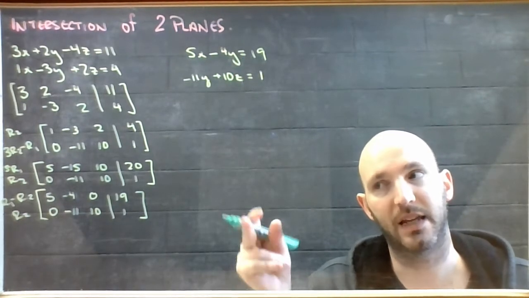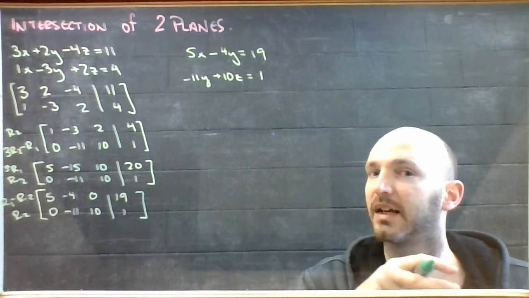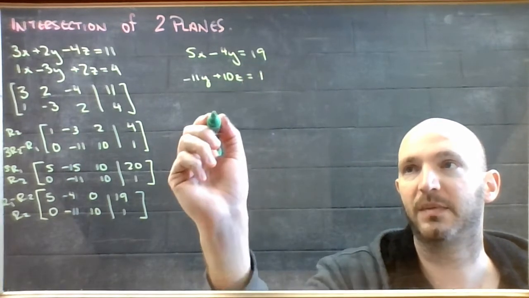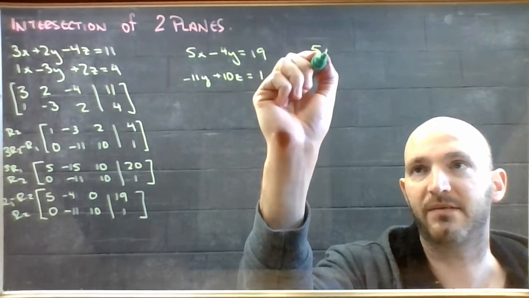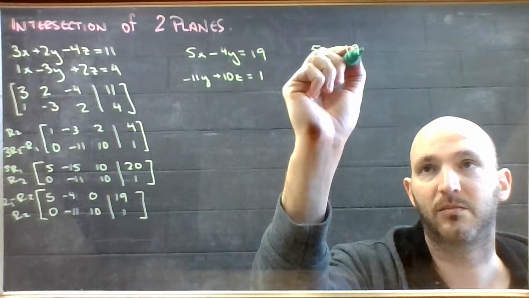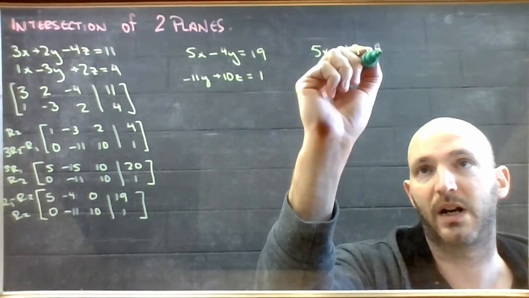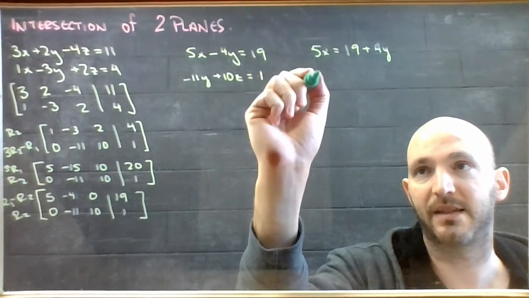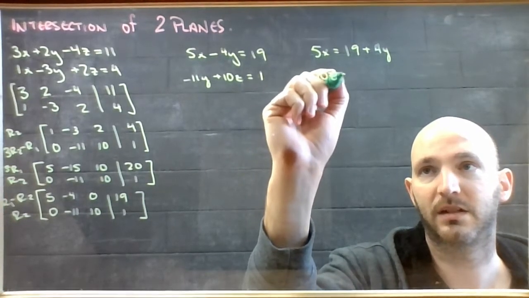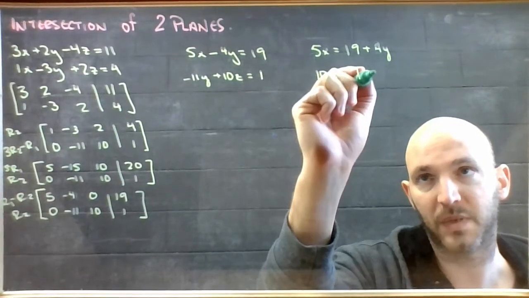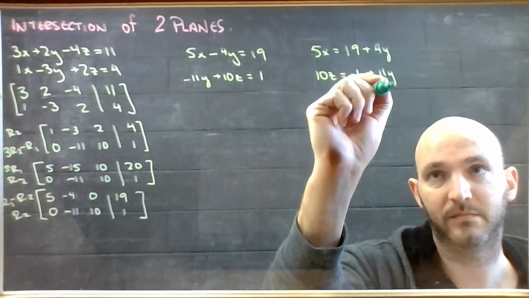So I'm going to take those terms with y's in them, I'm going to kick them over to the other side of the equation. So this one will become 5x equals 19 plus 4y. And this one will become 10z equals 1 plus 11y.